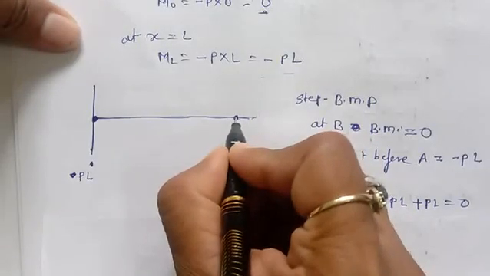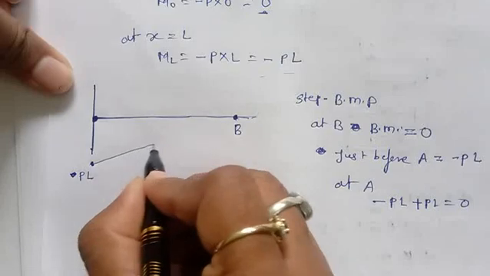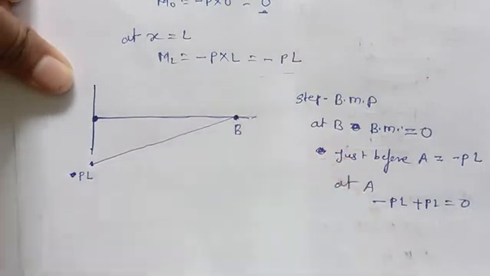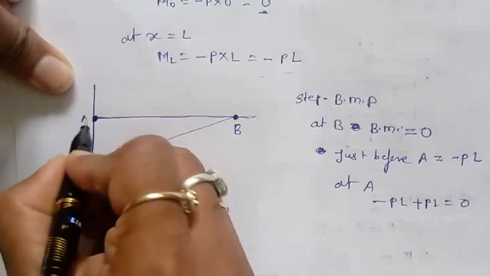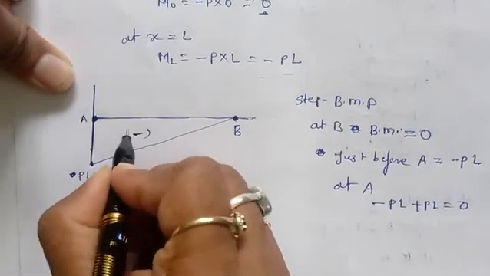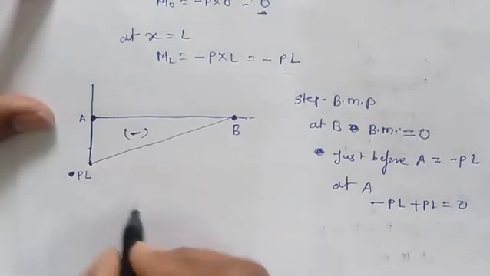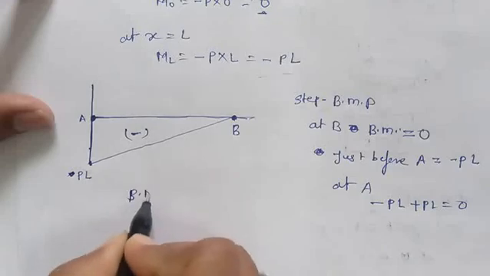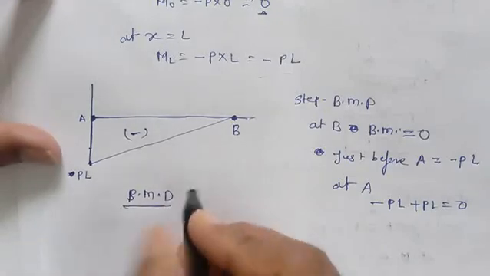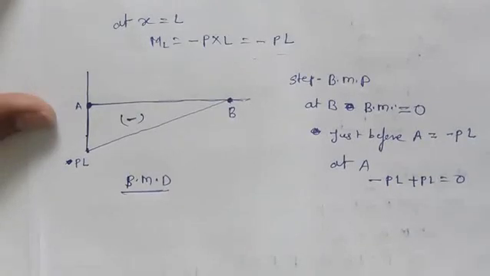This is one point where the bending moment is 0, and just before A it has the value PL, and at A it goes to 0 again. So this is the negative. This is the bending moment diagram for the point load acting at the end of this cantilever beam.